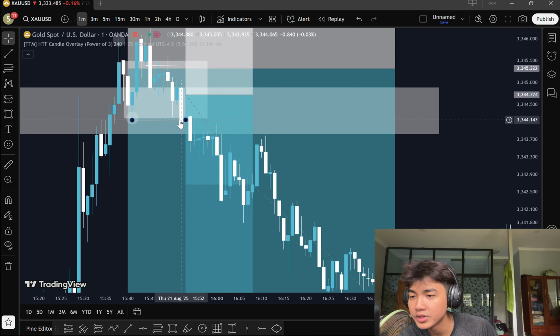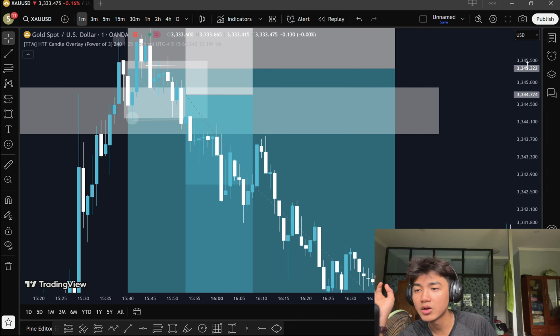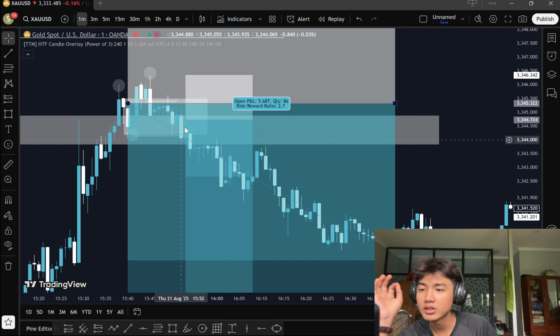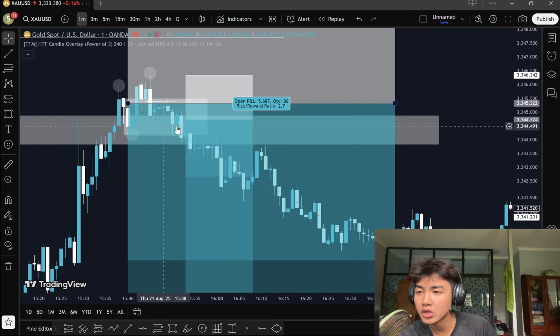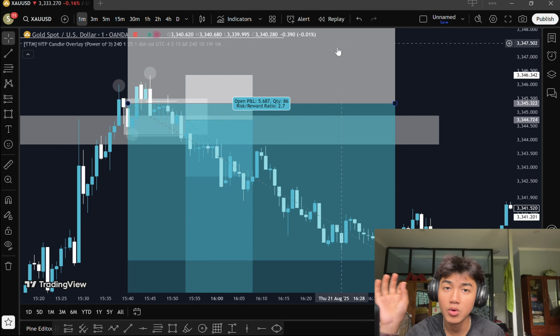I confirm it's going to go down, and then there's another candle moving up a bit to touch a breaker block. So I immediately sell it over here.